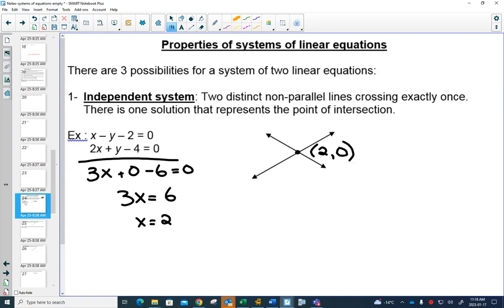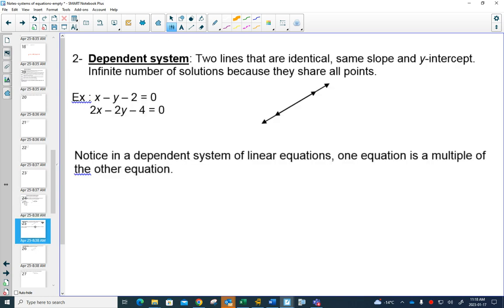And almost every question we've done so far has had a solution. But there are some systems that are different and have weird answers. Here's an example of two lines that are exactly the same.